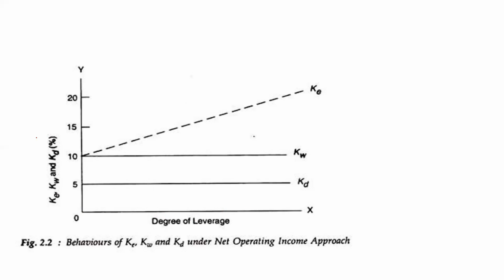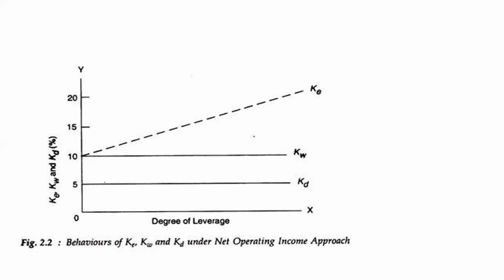And OY axis stands for the different costs like cost of equity, weighted cost, and the cost of debenture. So the cost of debenture, we are supposing that is 5, and we assumed under net operating income approach that overall cost of capital is also constant, and we are assuming it to be 10. So this approach tells you that if you are using more and more of the debenture, then ultimately the cost of your equity capital shall be rising.